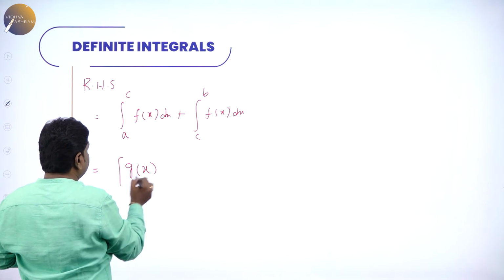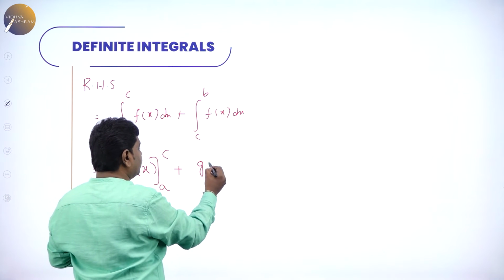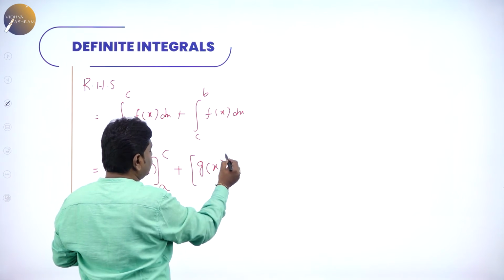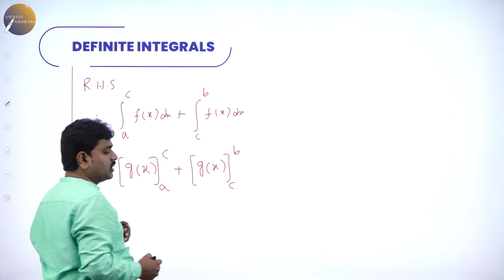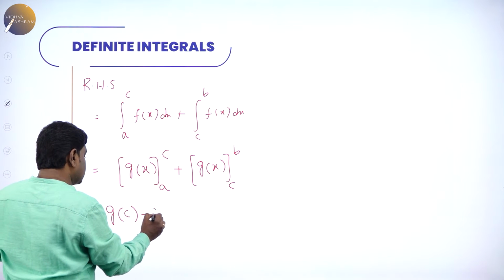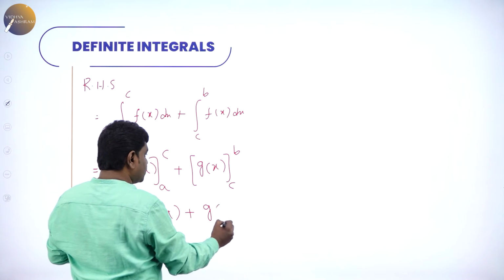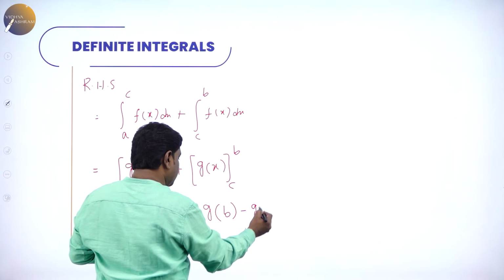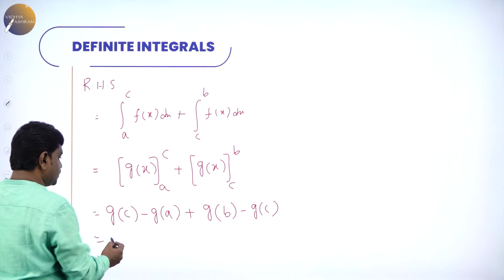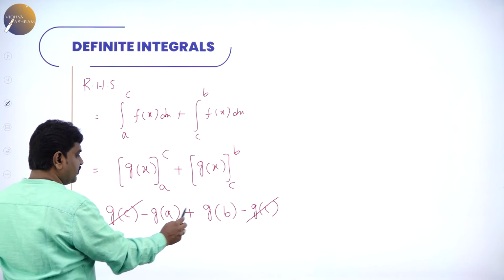From a to c, plus integration of f of x is g of x from c to b. Now as usual, apply upper limit minus lower limit. It will become g of c minus g of a plus g of b minus g of c. Now you can observe positive g of c and negative g of c cancel. And we have minus g of a plus g of b.